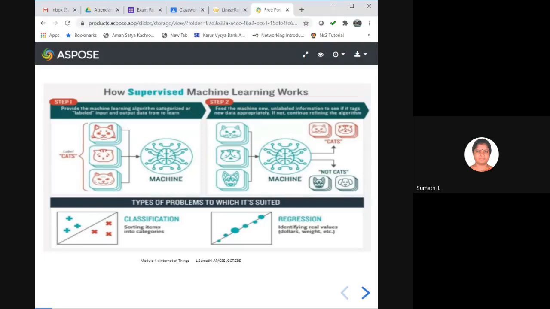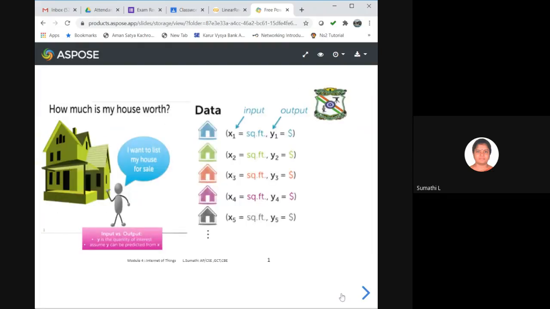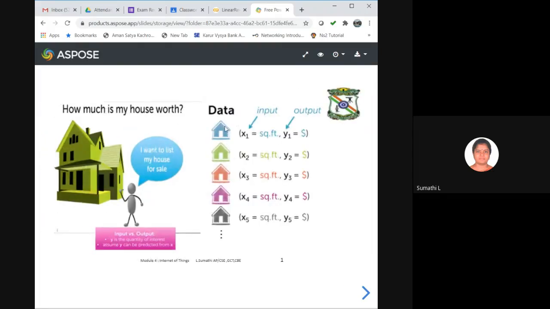What is supervised? From the word it is understood that you are given certain knowledge about what the output will be. For example, in our previous case, I'm giving you a set of 5 data points, right? In all these 5 data points, I tell you what the square feet is and what the price is.